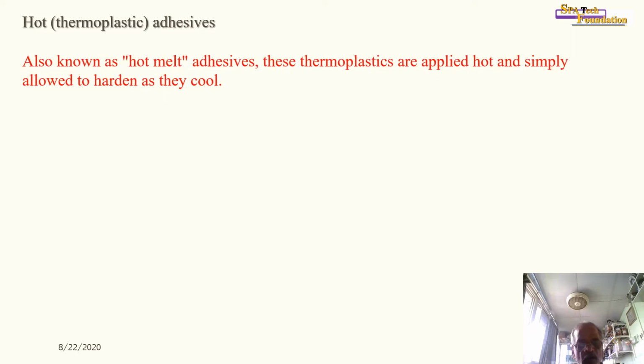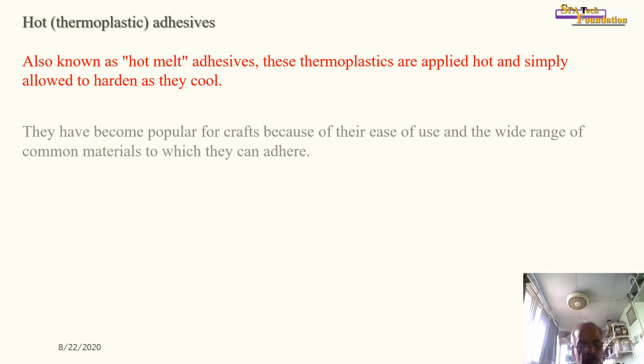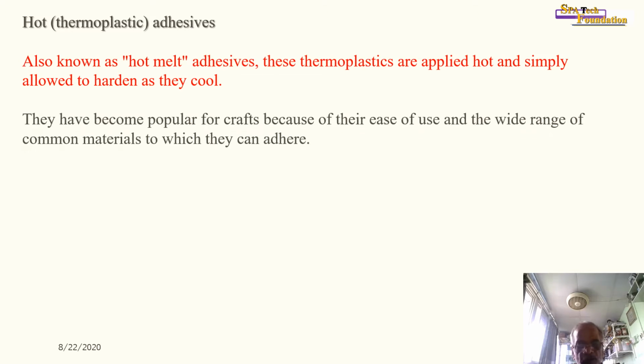Hot or thermoplastic adhesives, also known as hot melt adhesives. These thermoplastics are applied hot and simply allowed to harden as they cool. They have become popular for crafts because of their ease of use and the wide range of common materials to which they can adhere.